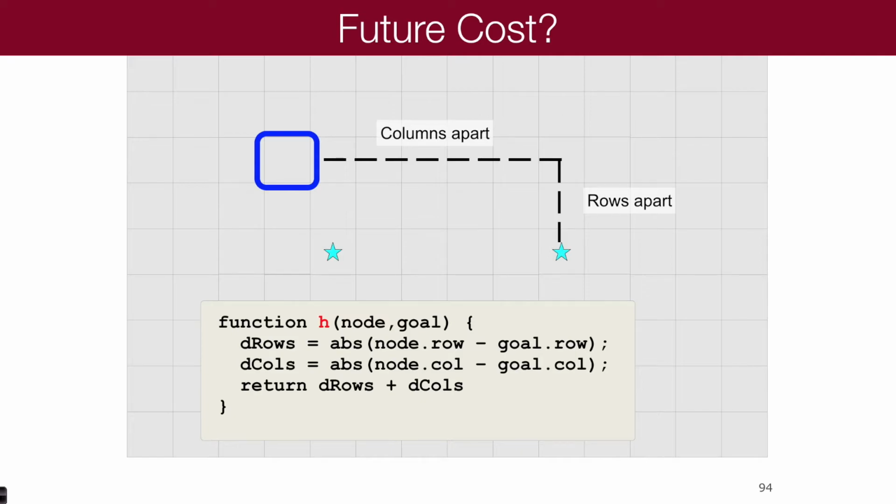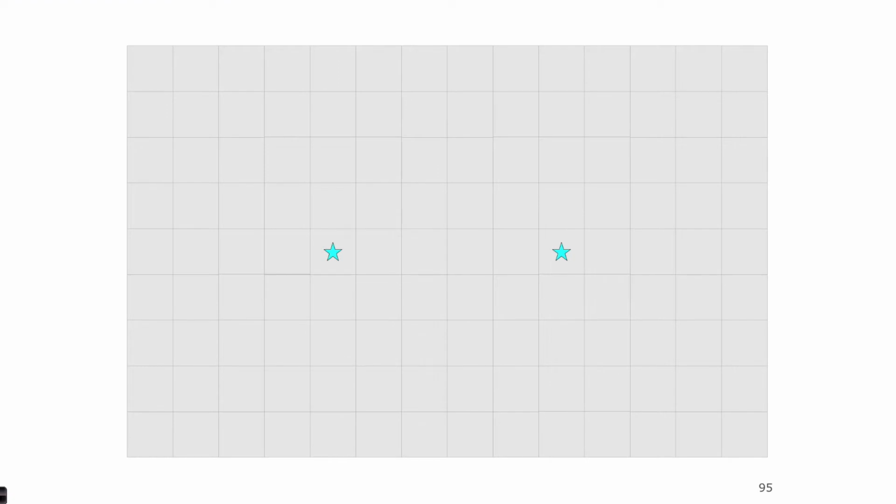So in this case, we've got some function which is just going to be the number of rows difference and the number of columns difference. We're going to return that. This is saying from wherever we are, getting to where we need to go has some particular added cost, and we're just going to make that assumption, and we're going to add it to our actual goal.